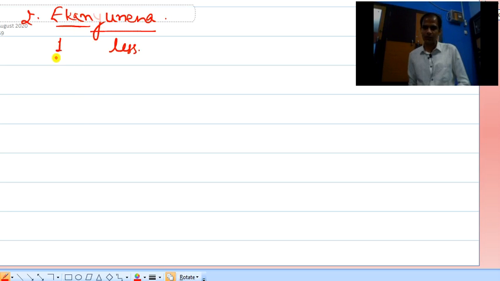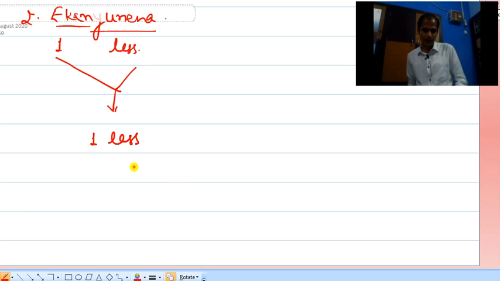So the combined meaning is one less than the given digit or a given number. Take some values. It is example 3 on page number 27 of your textbook. The textbook is Student Advisor of class 5th.